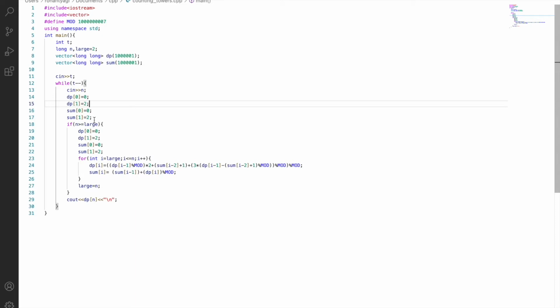As dp of 0 equals 0, sum of 0 equals 0, sum of 1 equals 2, and sum of 2 would be dp of 2 plus dp of 1 plus dp of 0. Hence I have used a for loop, for int i equals 2, i less than or equal to n, i plus plus, dp of i is equal to dp of i minus 1 multiplied by 2.